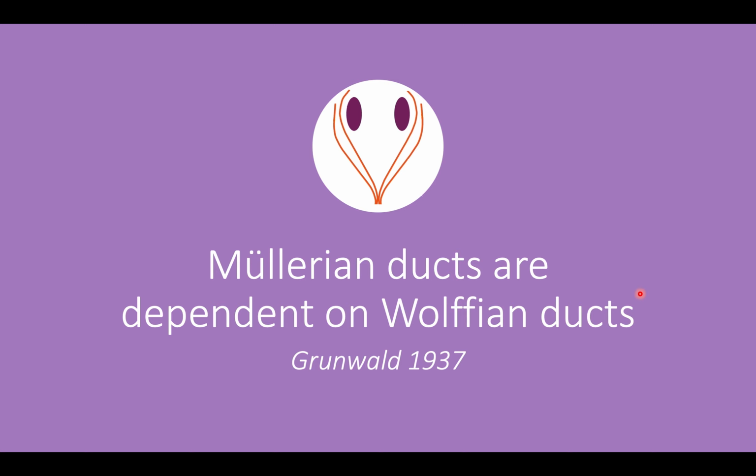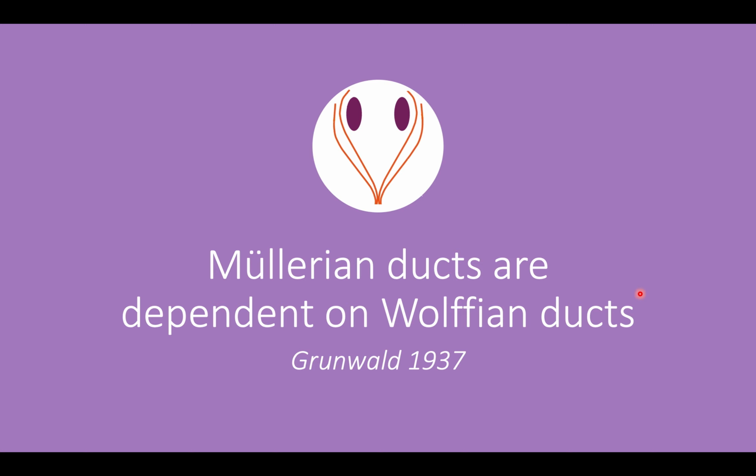Okay, a study done by Grunwald in 1937 with chick embryos showed that the Mullerian duct did not grow caudal to the experimental interruption of the Wolffian duct cells, and the caudal end cells could not be distinguished between the two ducts.